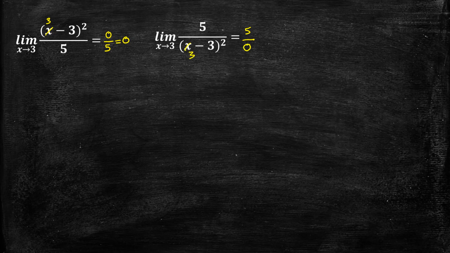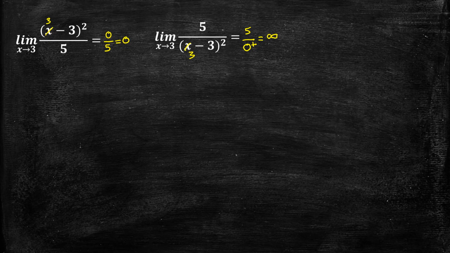Luckily, whether x is approaching 3 from the left or right, because that factor is squared, we'll get 0 in the positive sense. So we can even handle 5 divided by 0 in the positive sense. That will be infinity, which is indicative of a vertical asymptote at x equals 3 for this function.